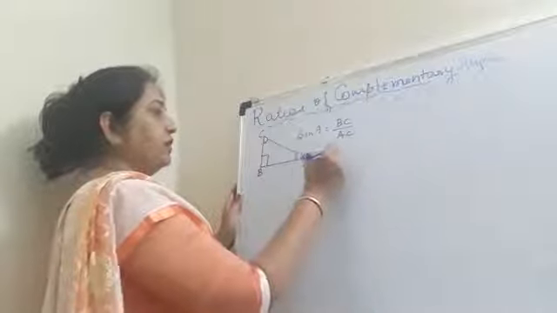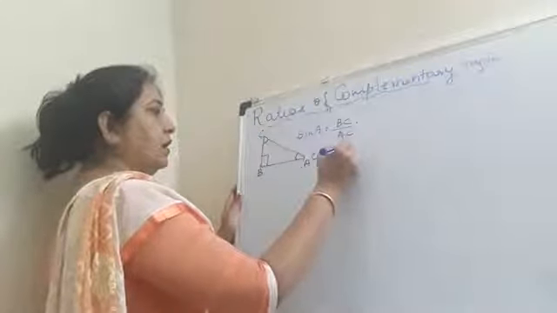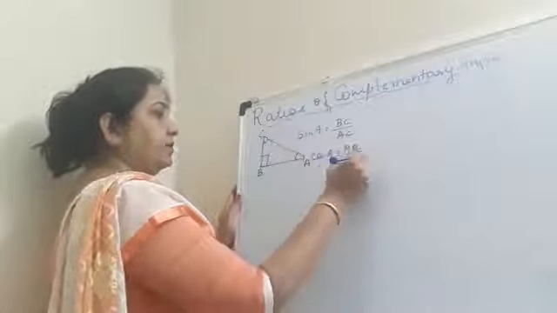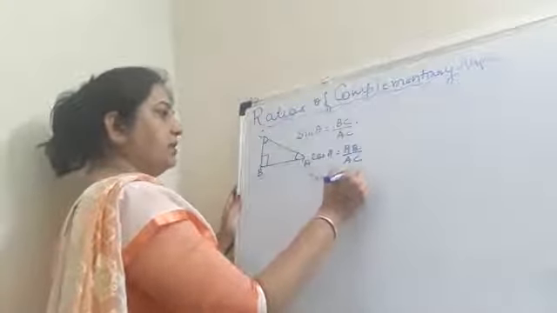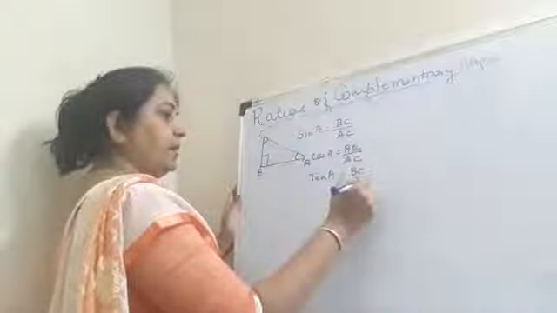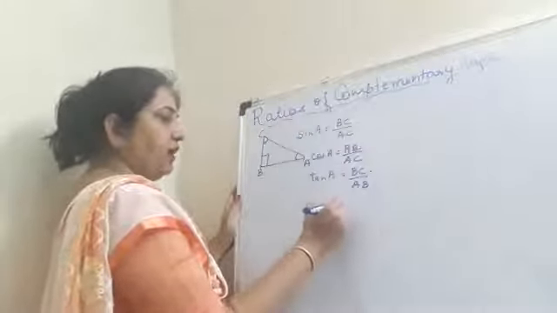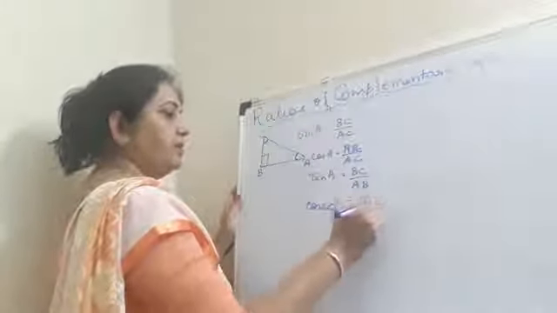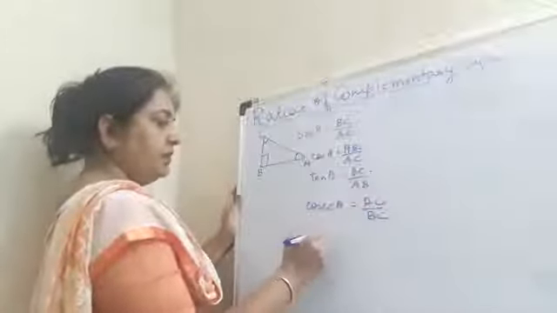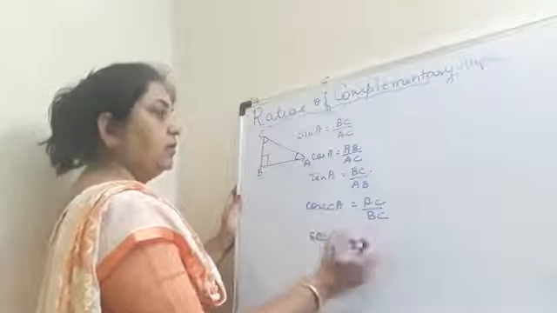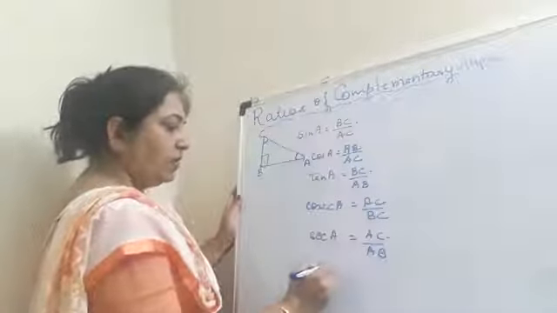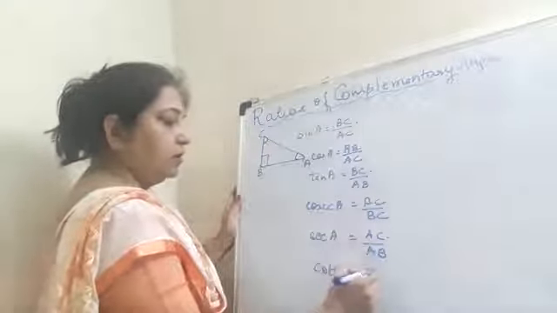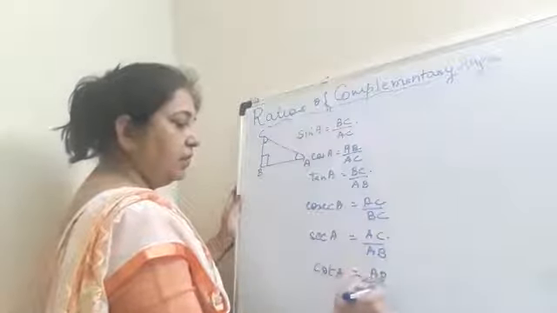Cos of A will be equal to AB upon AC. Tan of A is equal to BC upon AB. Cosec of A is equal to AC upon BC. Sec of A is equal to AC upon AB. And cot of A is equal to AB upon BC.